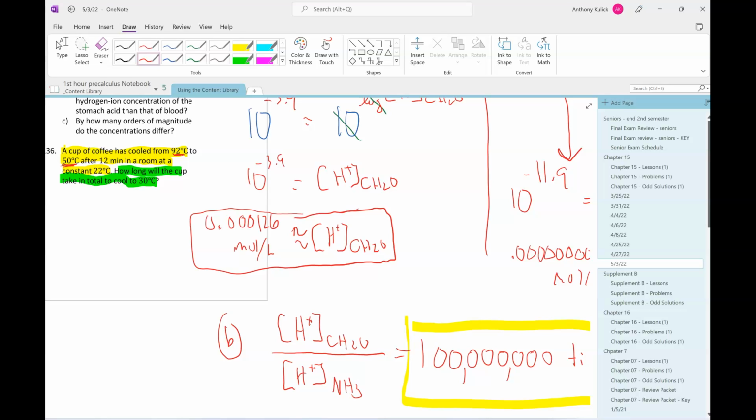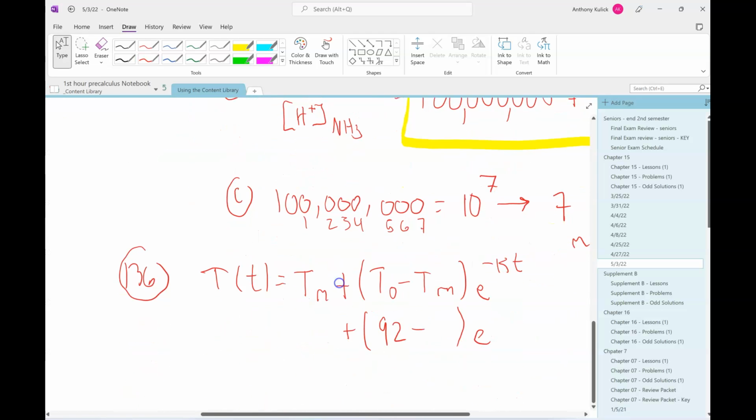If you're not quite sure, continue reading a little bit after the 50 degrees. After 12 minutes. Yeah, so that tells you that the 50 degrees is the T of t, because it's the temperature 12 minutes after.